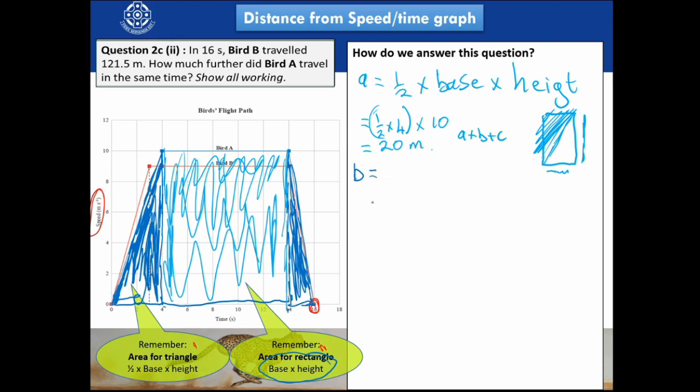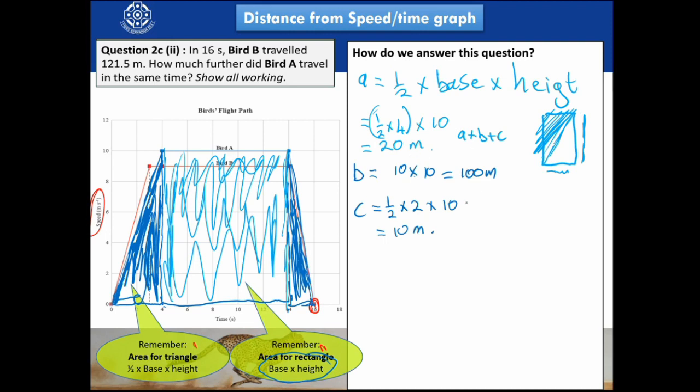So the base is 14 minus 4 gives us 10, times 10 gives me 100 meters. And then in section C, we do the triangle again. Half times base times height, so half times 16 minus 14, so half times 2 times the height, which was 10. So that becomes 1 times 10 is 10.